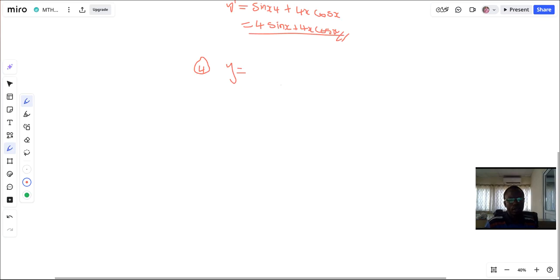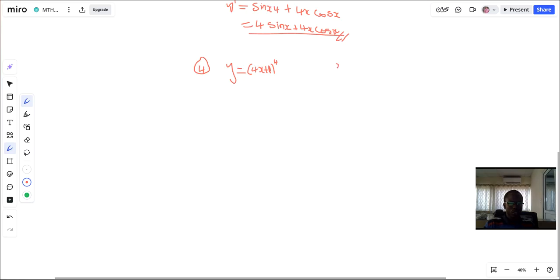Okay, let's say you have y is equal to (4x plus 1) power 4. Now if we look at this function, the whole of this bracket here is a function.